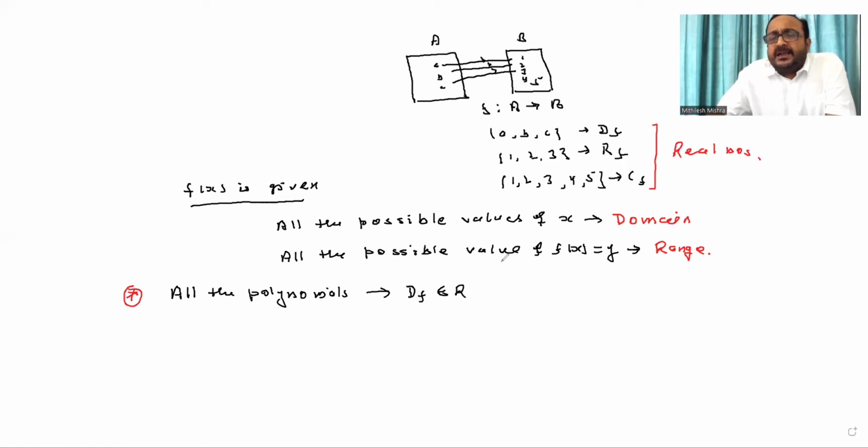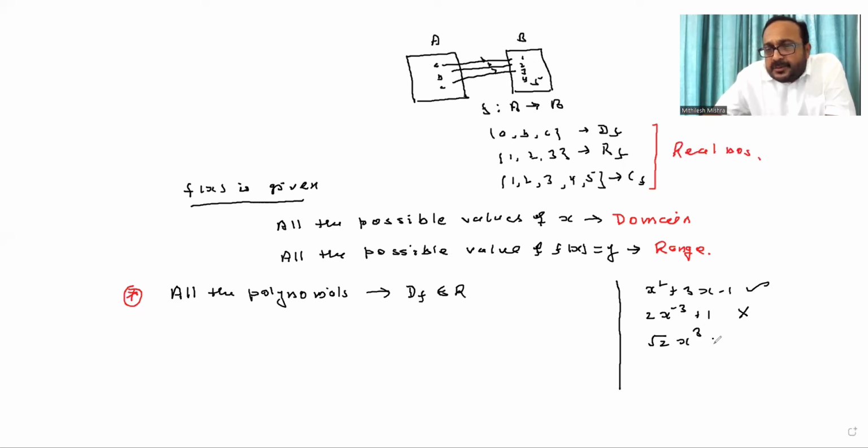Polynomial means it is an algebraic expression in which the power of the variable must be a positive integer. Just see, suppose x squared plus 3x minus 1. It is a polynomial because the power of x is 2, the power of x is 1, positive integers. 2x to the power minus 3 plus 1 is not a polynomial because the power of x is negative.